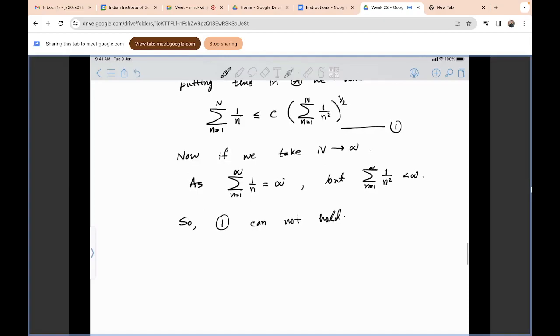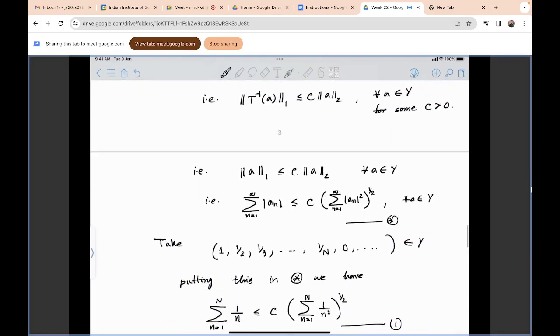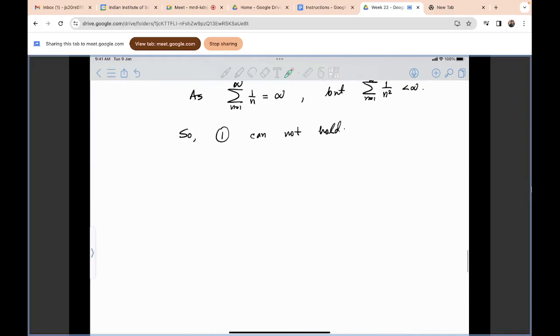So this is a contradiction, right? Because if you increase n, the left hand side will become infinite, but the right hand side is always finite. So why did we get the contradiction? Because we assumed that T inverse is continuous, meaning such an inequality holds. Therefore T inverse is not continuous.